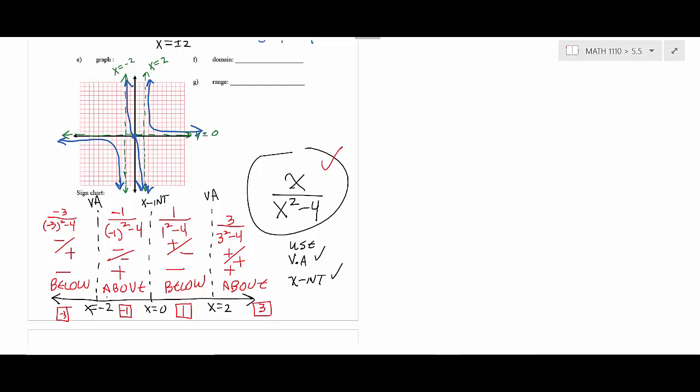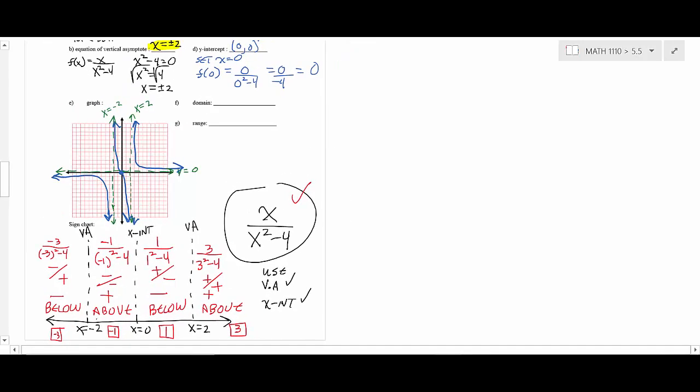Okay, the domain. If you look at this function, x over x squared minus 4, what did we find out? Where is it undefined at? 2 and negative 2, right? Okay, so what you can do is you can write this domain as the set of x, and x is not equal to plus or minus 2. Okay, that's how you write that in set builder notation.